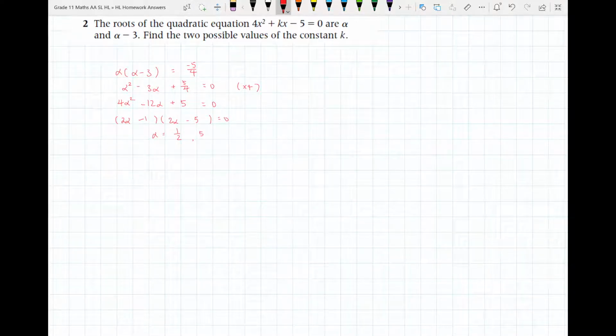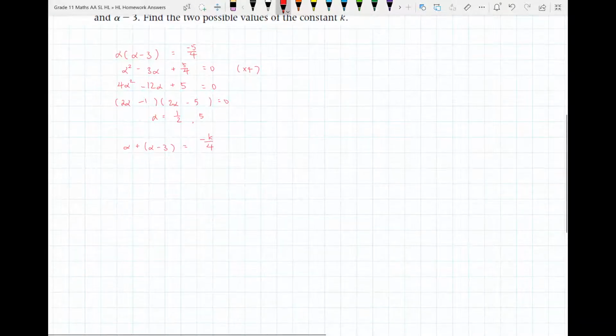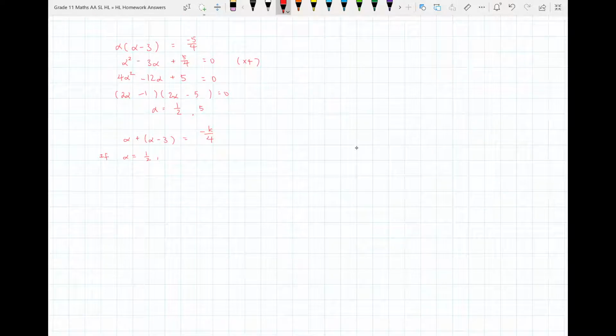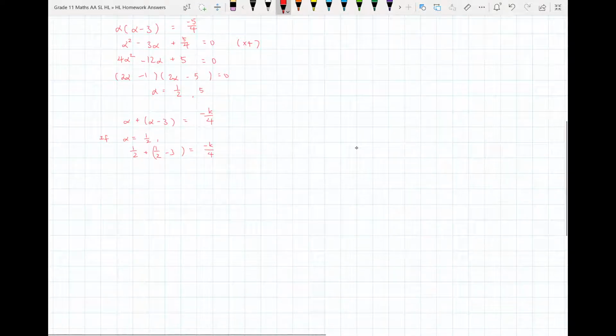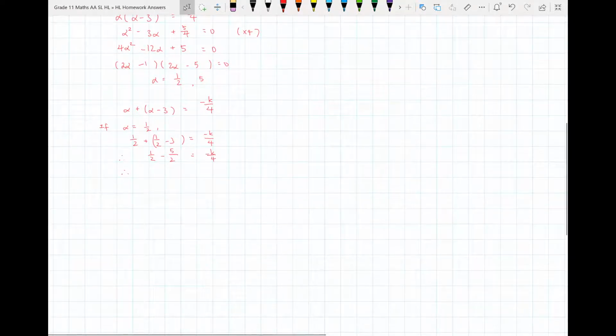So then, if I take alpha plus alpha minus 3, this should give me negative k over 4. And let's take each case separate. If alpha is a half, then this would be true. Therefore, this is 5 halves minus 5 halves, which will be negative 4 over 2, which is negative 2.